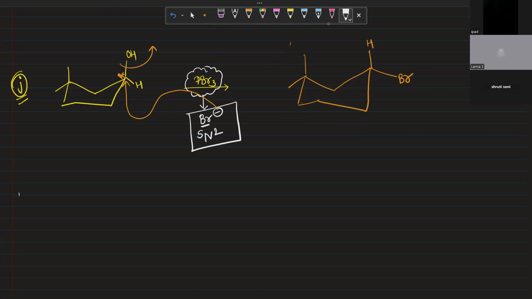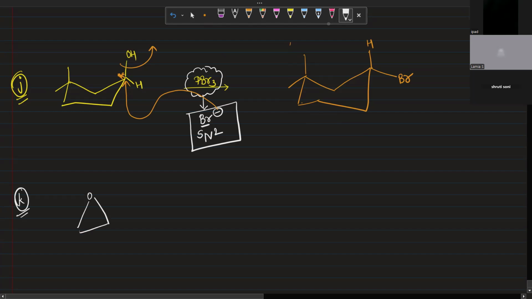That's why chirality is one of the foundational topics. Before going into organic reaction mechanisms, we need chirality, symmetry, enantiomers, diastereomers, meso compounds.